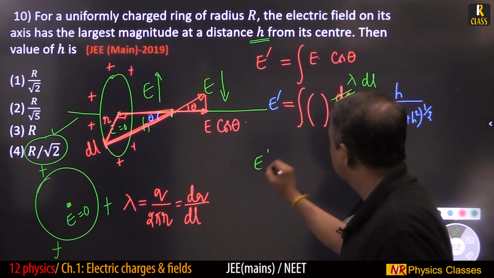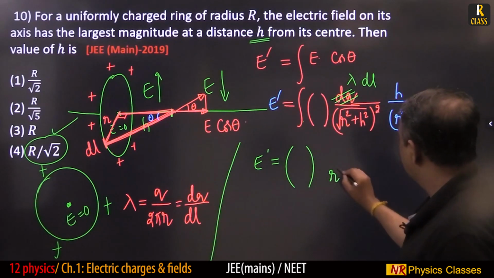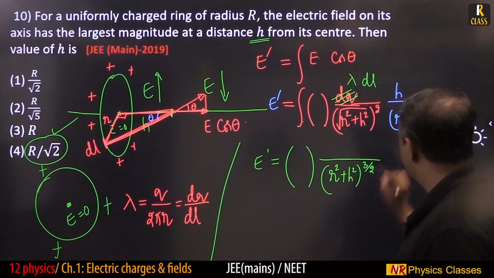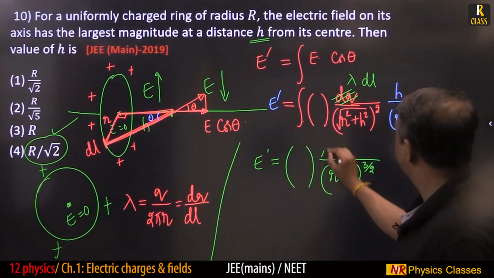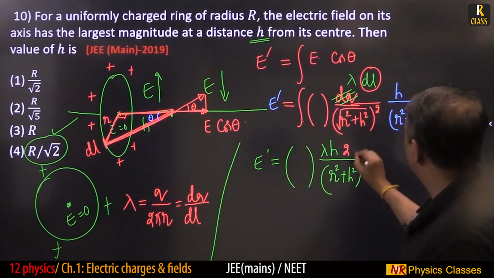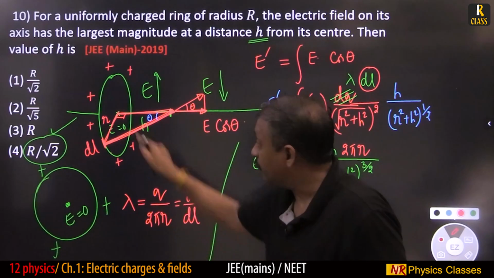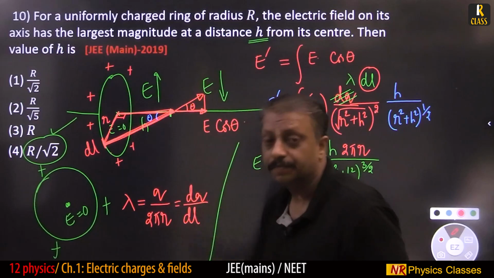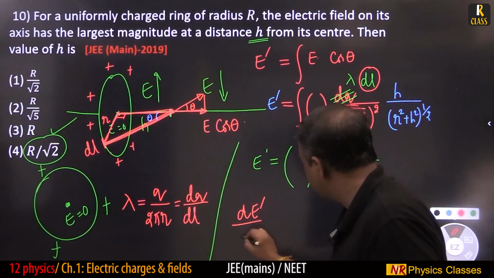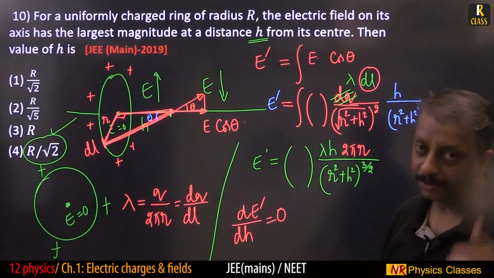So E dash equals constant, the denominator is r square plus h square whole to the power of 3 by 2. Numerator is lambda h into this dl, 2 pi r, the total length. We have to find the point where the electric field is maximum with respect to h. So differentiate this equation with respect to h and equate this to 0. Okay, done.